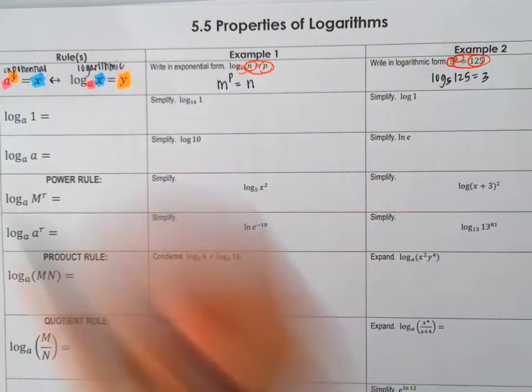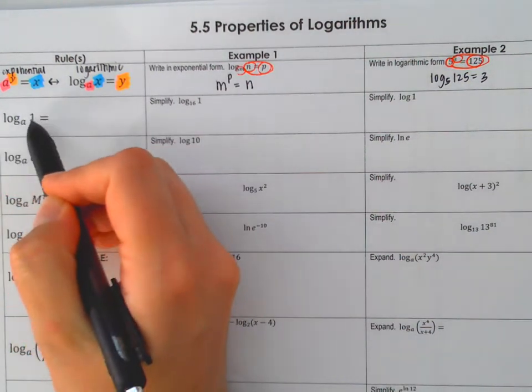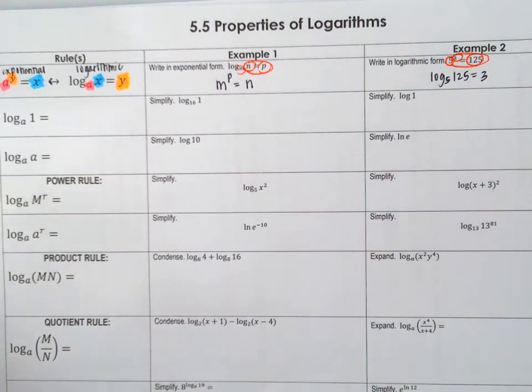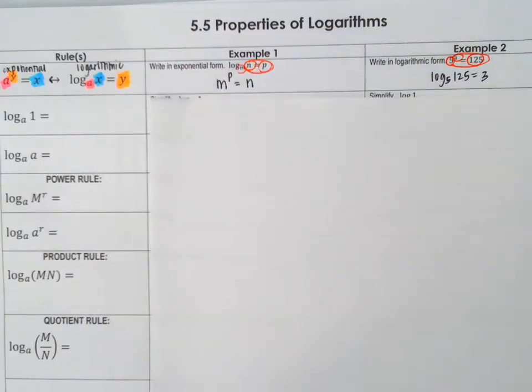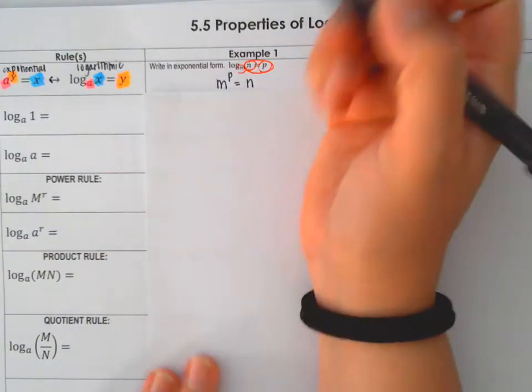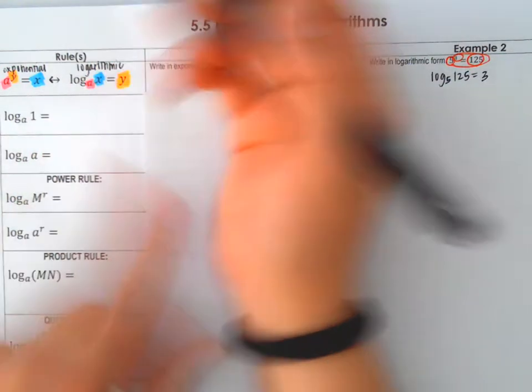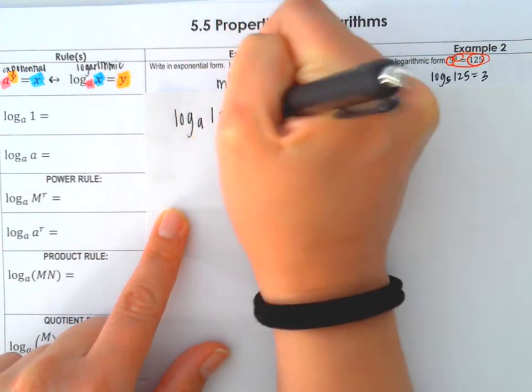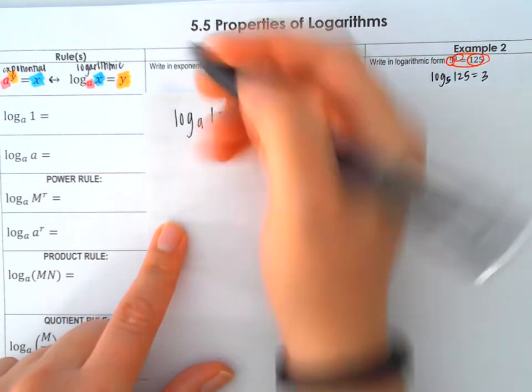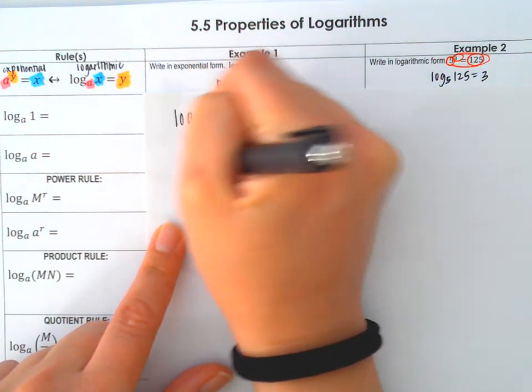Okay. So log base a of 1, so it's basically saying whenever there's an argument of 1. I'm going to have you think about this one, and I'm going to write it as an exponential. So I'm going to put log base a of 1 equals x. So a to the x power equals 1.